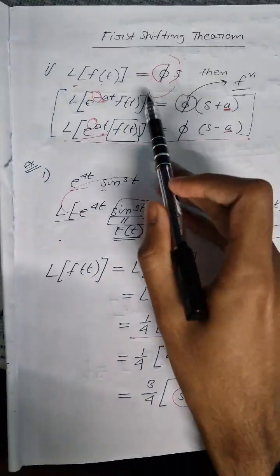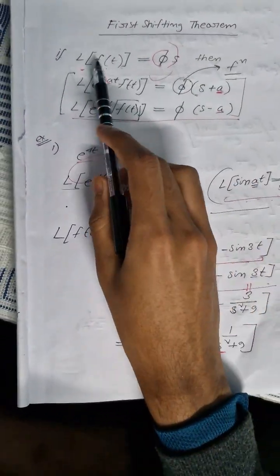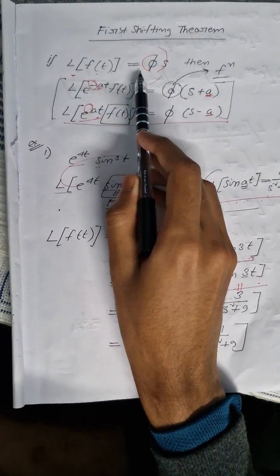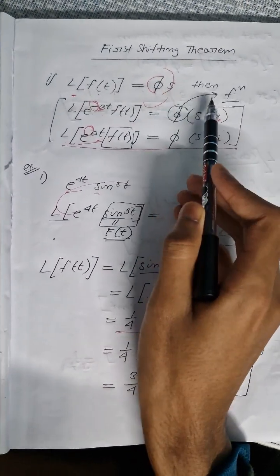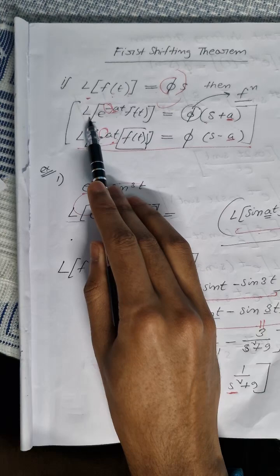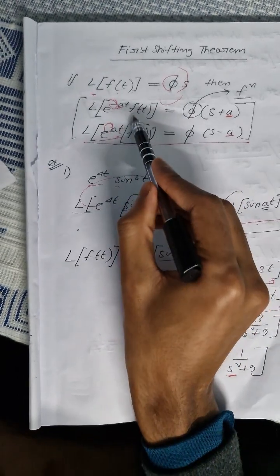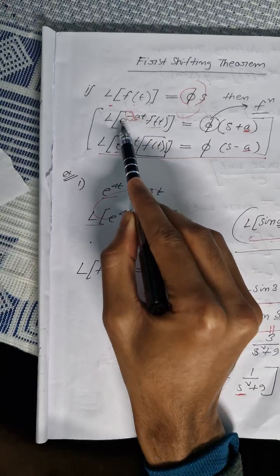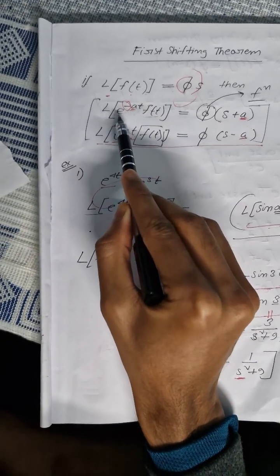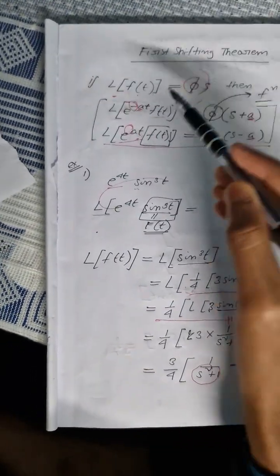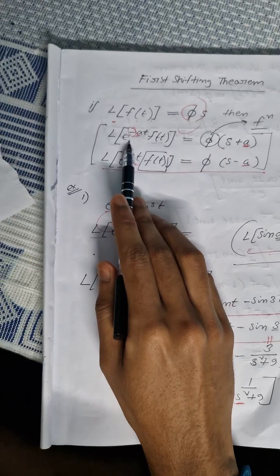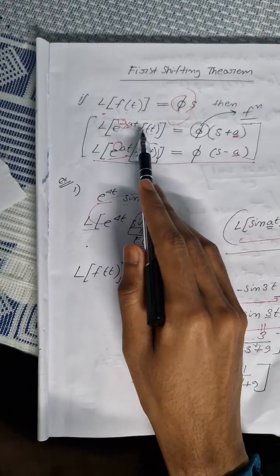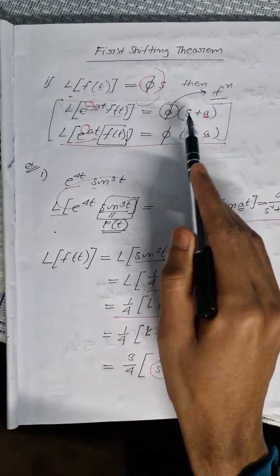Here we can see the first shifting theorem. If L of some function equals phi of s, which you already know, then when the function is the same but there is an additional factor e to the power something: when there is e to the power minus at, it becomes phi of s plus a.